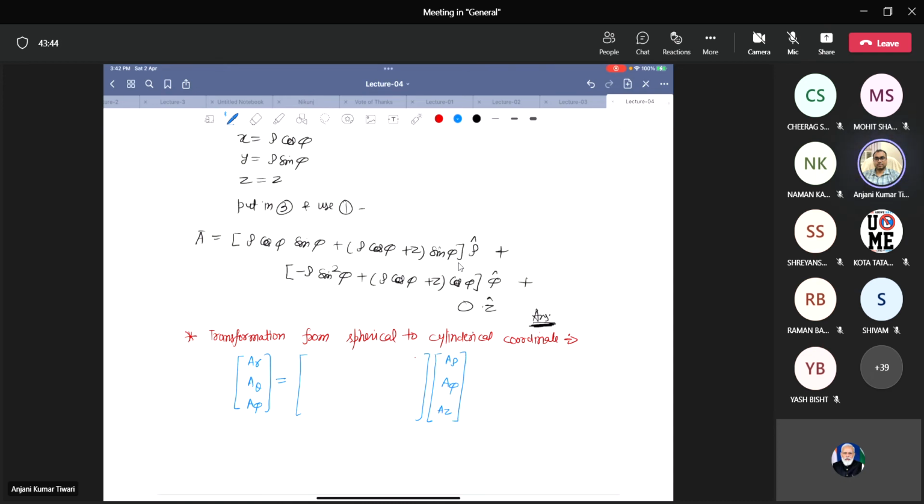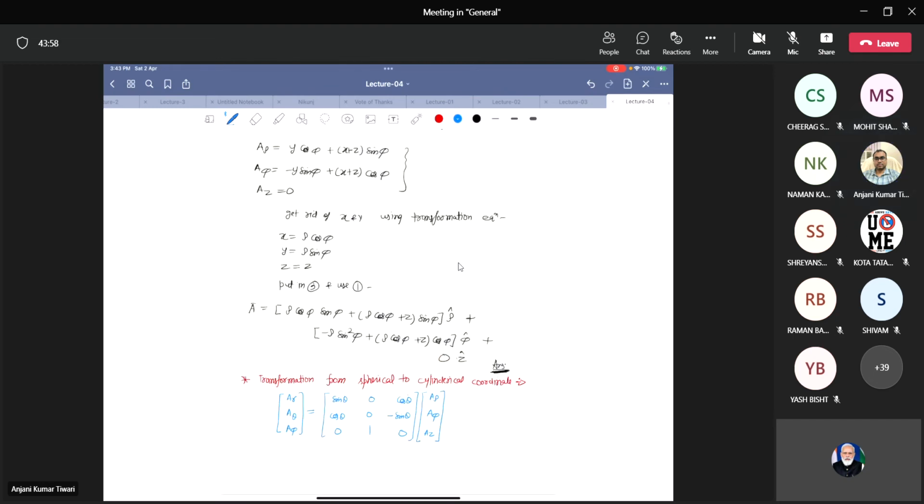So what is the matrix? The matrix is sin theta, 0, cos theta; cos theta, 0, minus sin theta; 0, 1, 0. So this is the matrix by which you can transform from spherical to cylindrical or cylindrical to spherical.